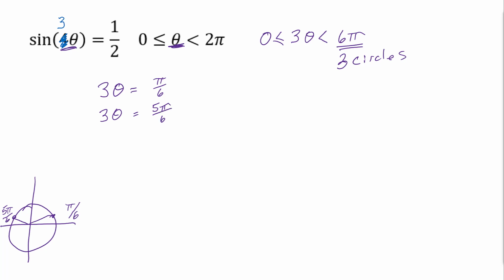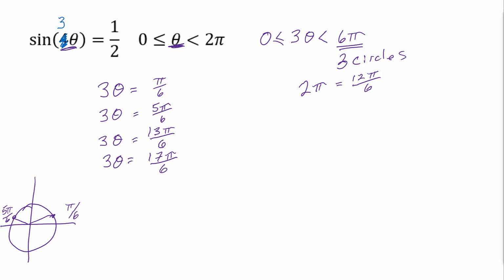And in order to make sure that we get all of these, we need to go around 2 more times, 2 more circles. Since we're talking about pi over 6's, we can recall that 2 pi, or a full circle, is equal to 12 pi over 6. So I can add 12 pi over 6 to both of these, and that gives me my next set of answers. 3 theta equals 13 pi over 6, and 3 theta equals 17 pi over 6.